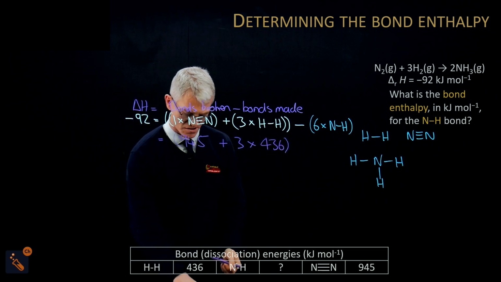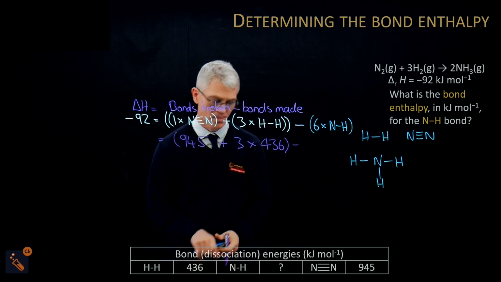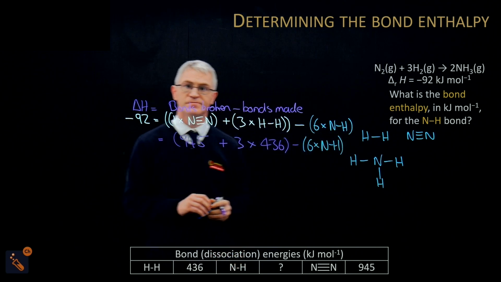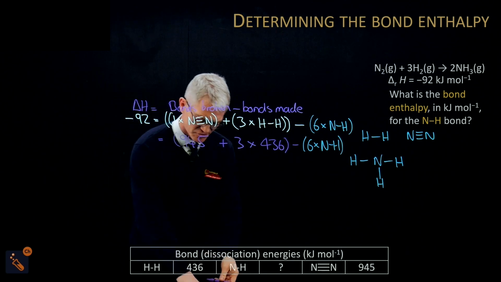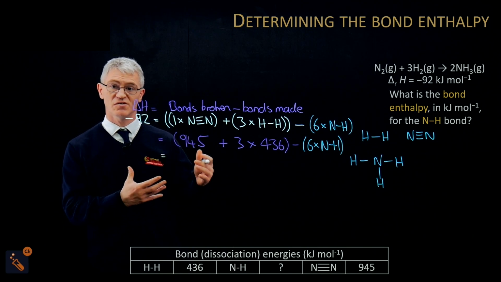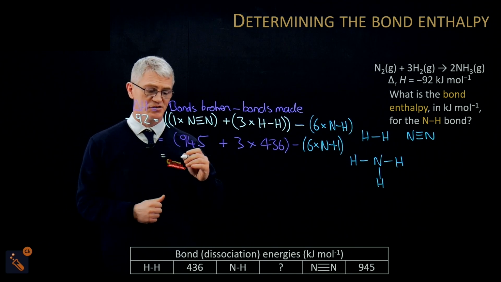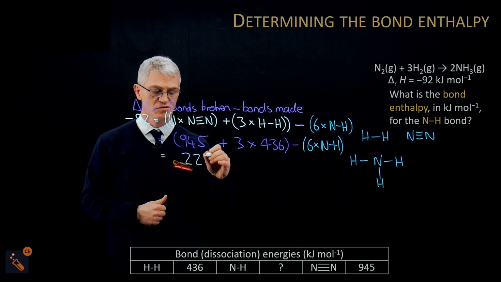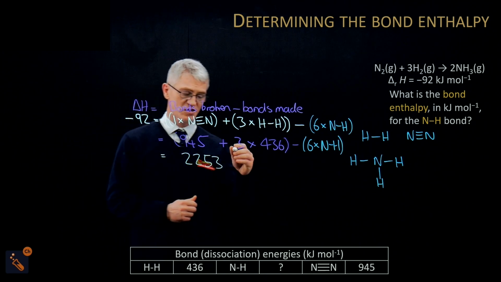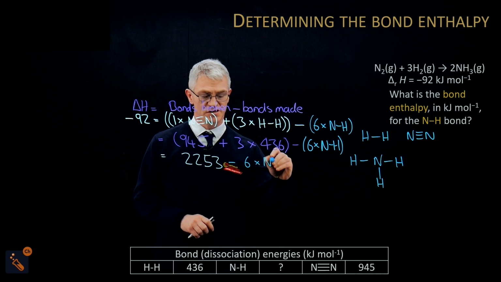And again, I'm still minusing the 6 times N-H. Okay? If that is the question, and we do some quick calculations, and hopefully you're doing this with a calculator yourself, okay? So if that's made up, that is going to be 2253. Okay, so 2253. Remember, we are still at the point where we have got minus 6 times N-H.